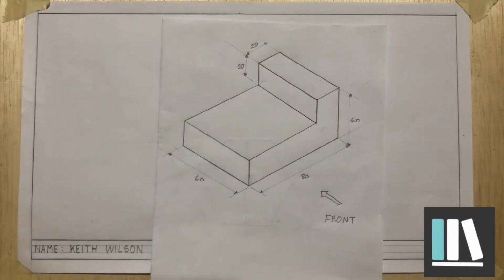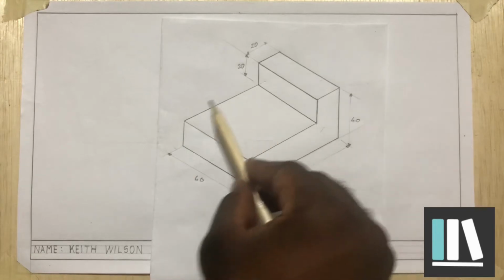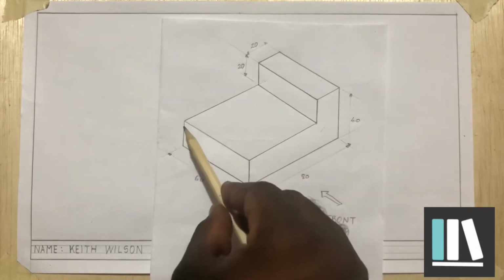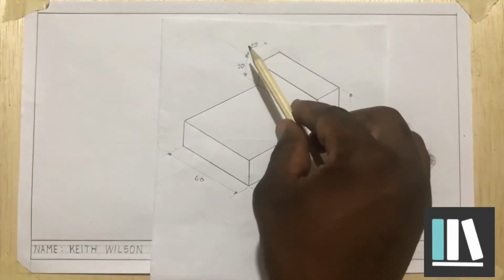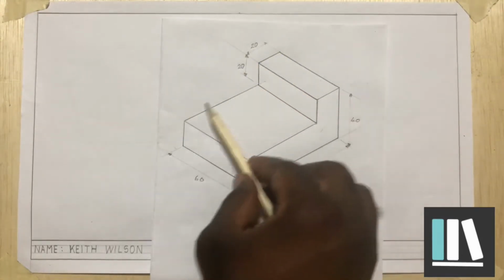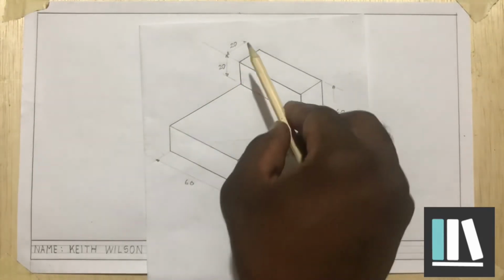Now in drawing this, there are some measurements that are missing, in the sense that I have not shown them, but you are able to calculate them. For example, the length of this face right here is 60 millimeters, because you have 20 millimeters here, so the remainder of the length, 80, is 60.